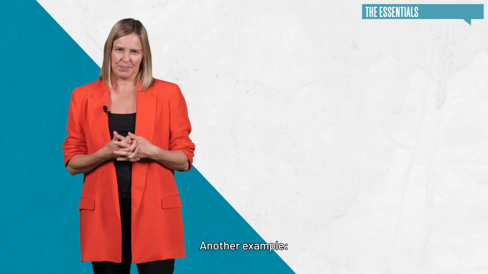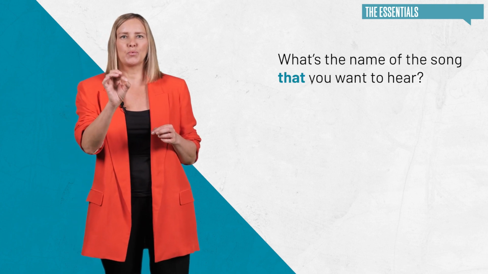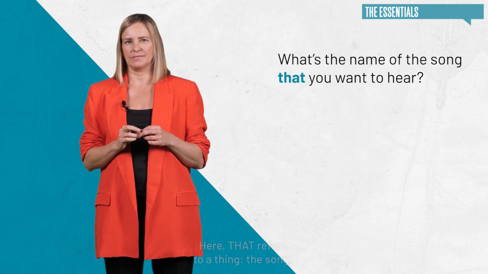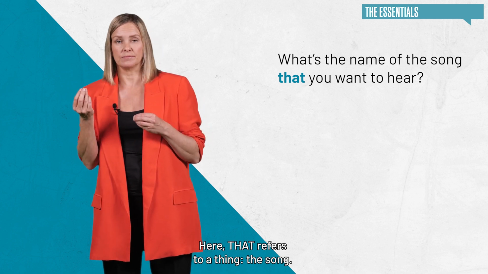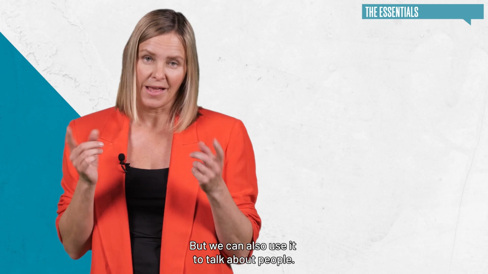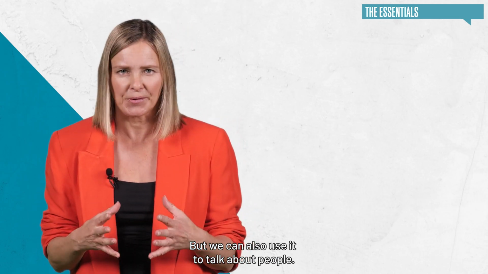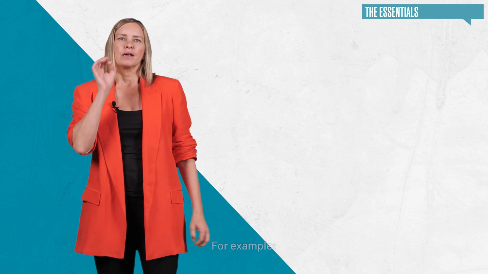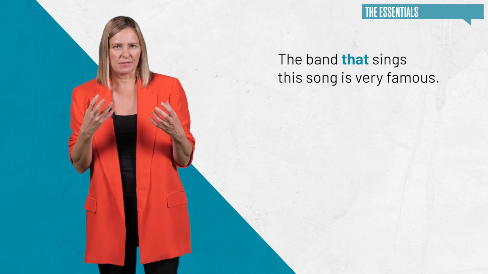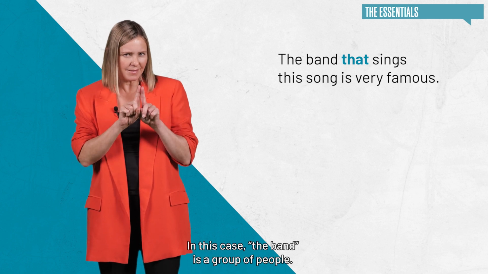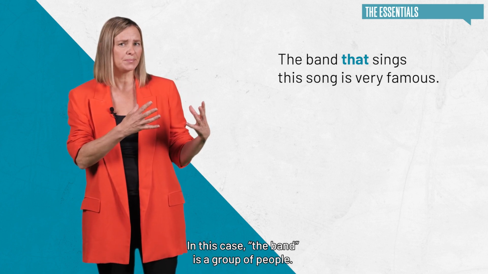Another example. What's the name of the song that you want to hear? Here, that refers to a thing, the song. But we can also use it to talk about people. For example, the band that sings this song is very famous. In this case, the band is a group of people.